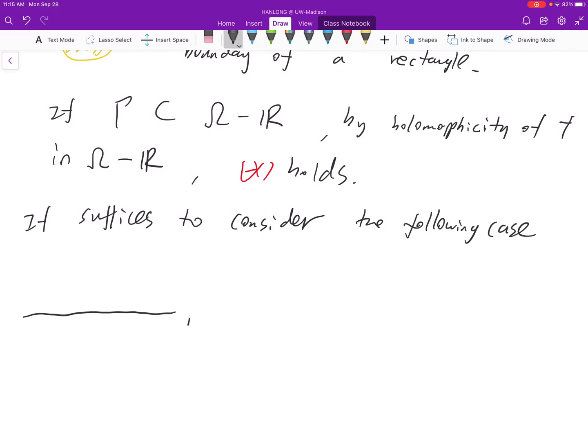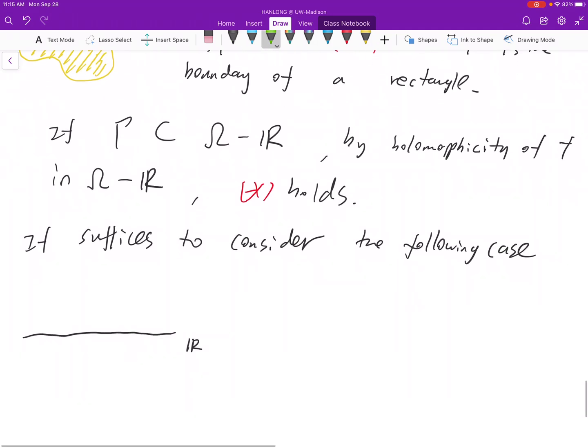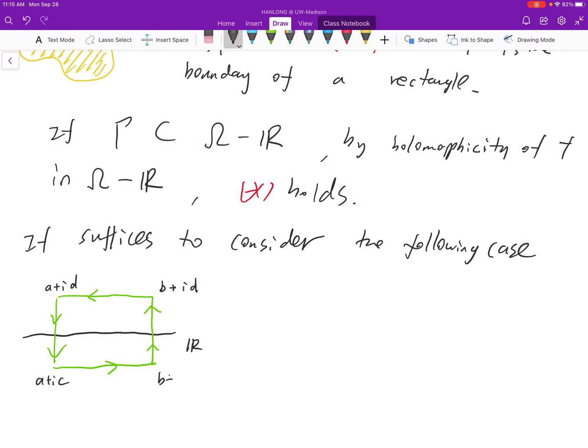So this is the real number line, and you have a rectangle T. Let's denote the endpoints by a + id, a + ic, b + ic. Okay, then this is gamma.